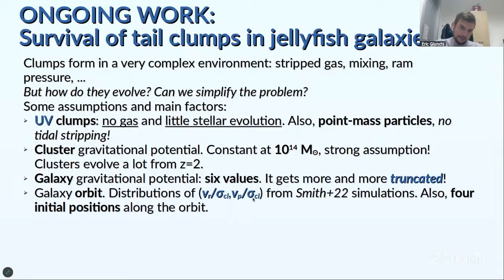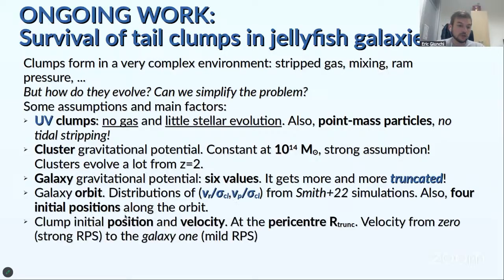Also, the clumps form constantly during the orbit, and so we not only simulated all these different orbits, but we also started from 4 initial positions along the orbit, from very far away from the pericenter up to the pericenter itself, which creates different conditions.